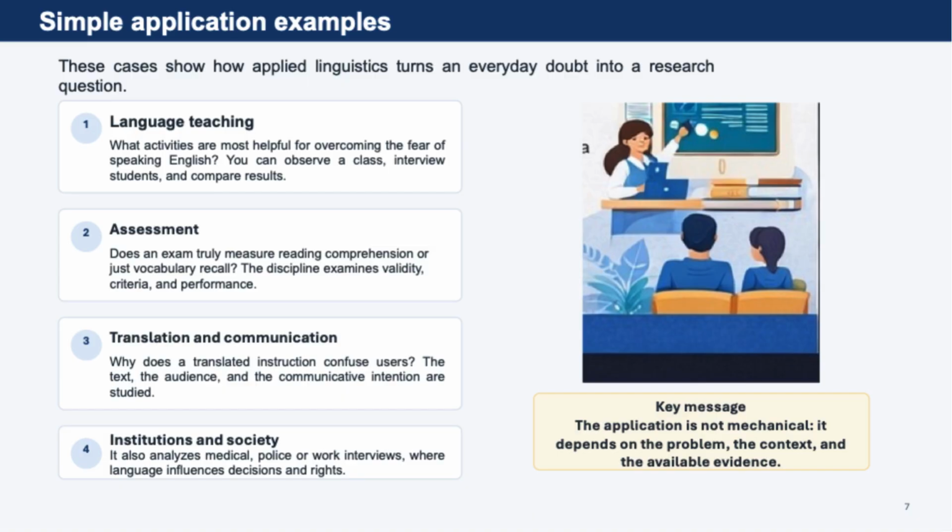The focus is to understand the text, the audience, and the communicative intent. In institutions and society, applied linguists also analyze interactions in medical, police, or workplace settings where language affects decisions and rights. This text summarizes how applied linguistics turns everyday doubts into research questions.